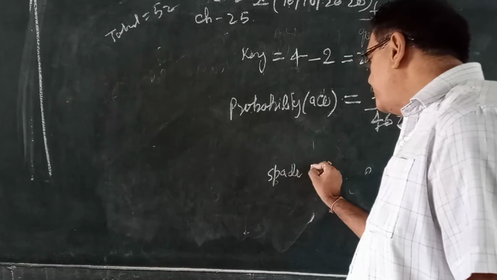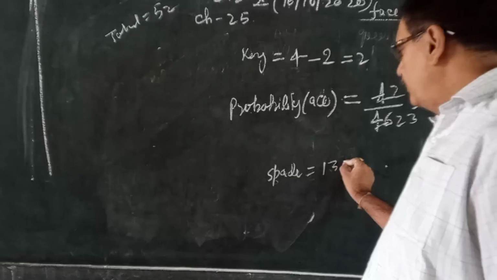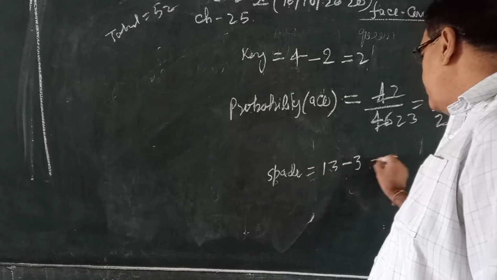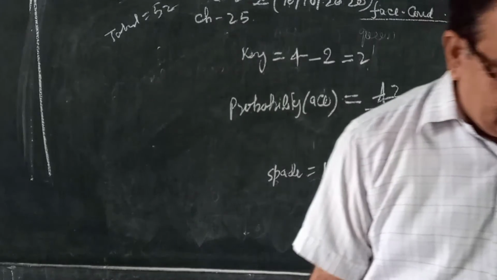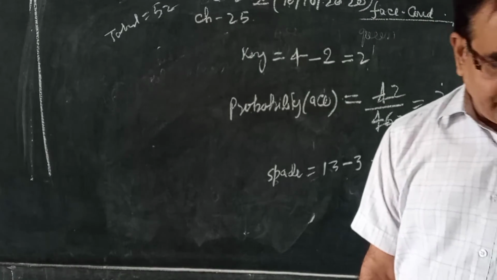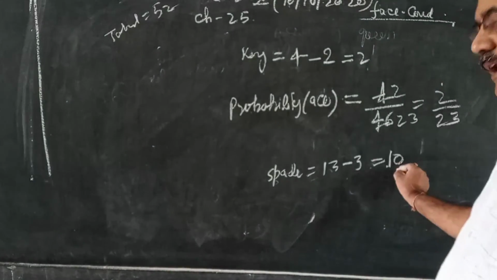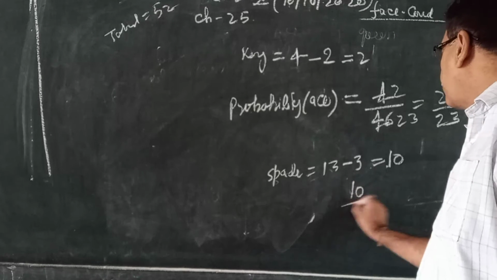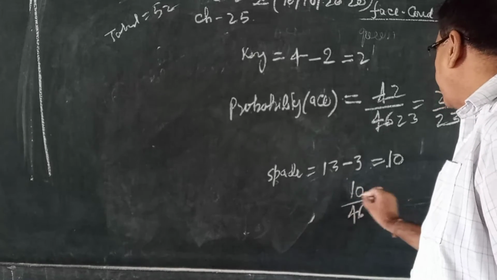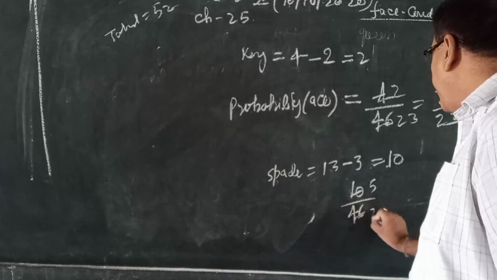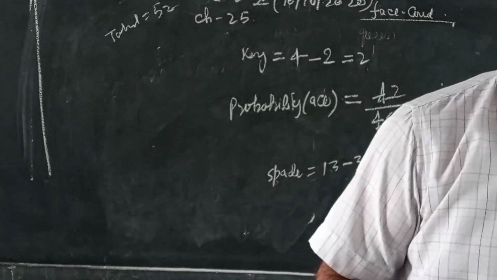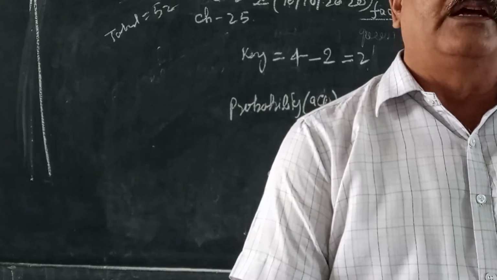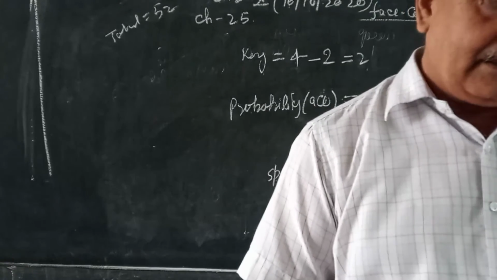How many spade cards are left? 13 total, 3 face cards removed, so 10 are left. What is the probability of the spade card? 10 by total cards 46, that is 5 by 23. 5 by 23 is the probability. So this type of question from the playing cards is there.